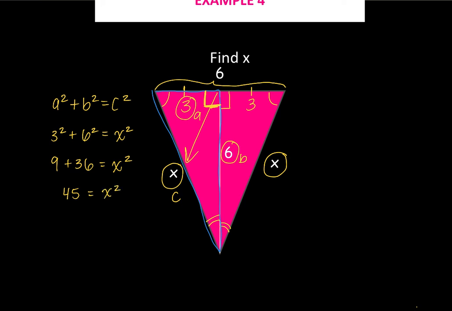In order to solve for x, we take the square root of both sides, and we get that x equals the square root of 45, which is approximately 6.71, I believe. Let me double check that. The square root of 45. Yeah, 6.71.